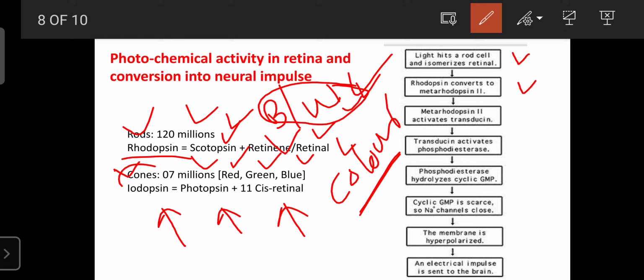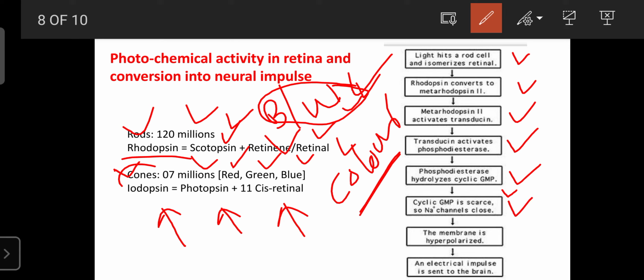Then the metarhodopsin activates transducin, and the transducin further activates the phosphodiesterase enzyme, which hydrolyzes cyclic GMP. Due to the hydrolysis or decrease of cyclic GMP, the sodium channels are closed.